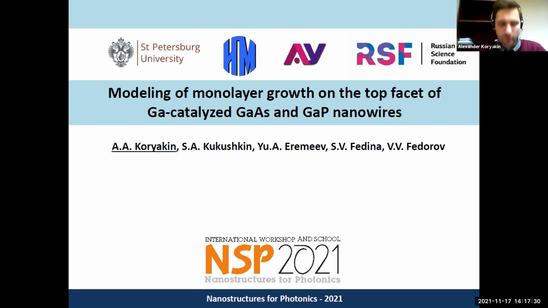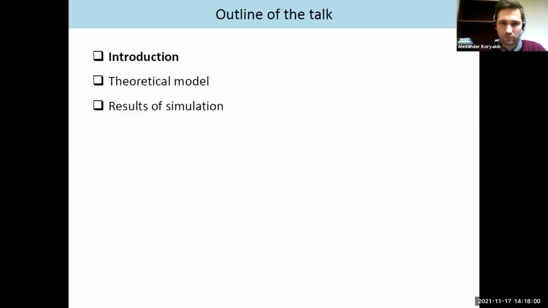Why do we study self-catalyzed nanowire growth? Because there is an advantage of self-catalyzed growth compared to more traditional growth techniques that use foreign catalyst. In case of self-catalyzed nanowire growth, there is no unwanted incorporation of catalyst material into the growing crystal that results in a degradation of properties of the crystal.